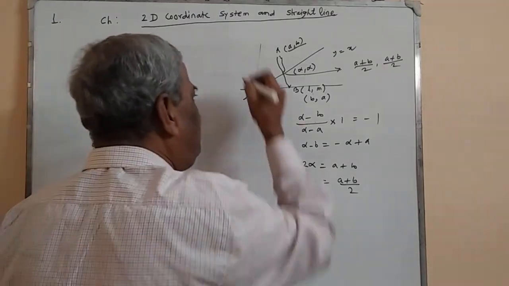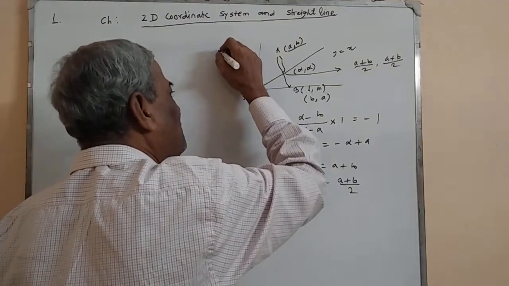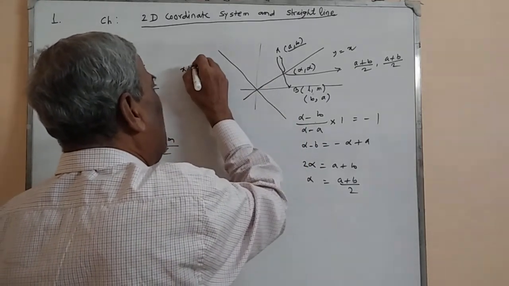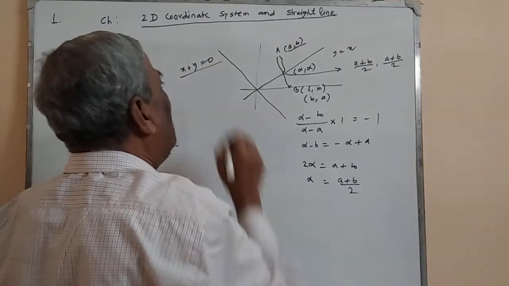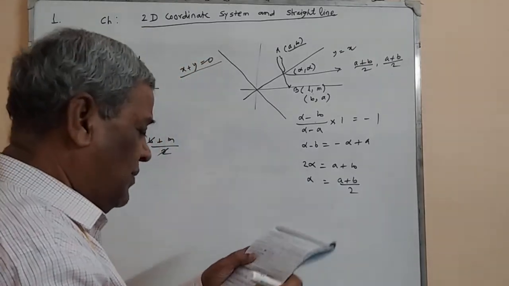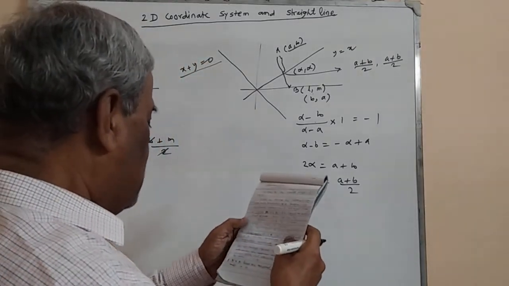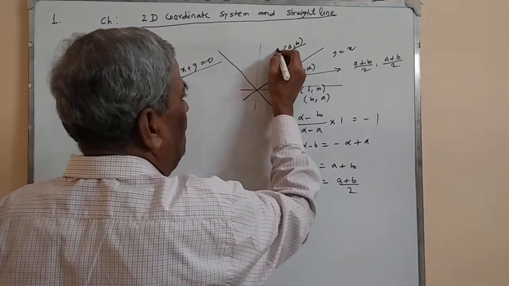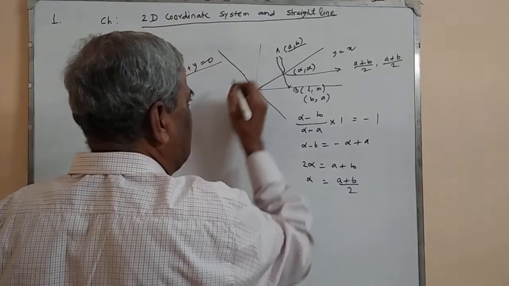Similarly, for this straight line, x plus y is equal to 0, y is equal to minus x, its image point will be the image point of AB with respect to that straight line.